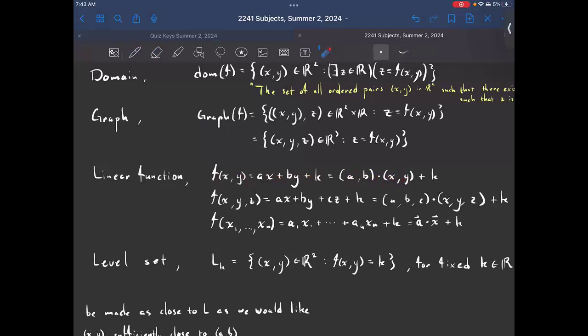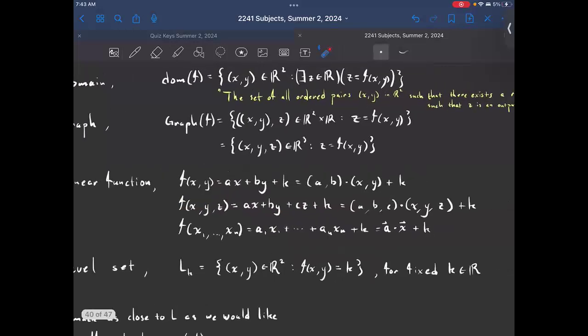In 3 variables, we have ax plus by plus cz plus k equals w. So you can think of this guy as a w now. Again, that's also a dot product plus some constant. And this would be the equation of a hyperplane, or a 3-dimensional space in a 4-dimensional space.